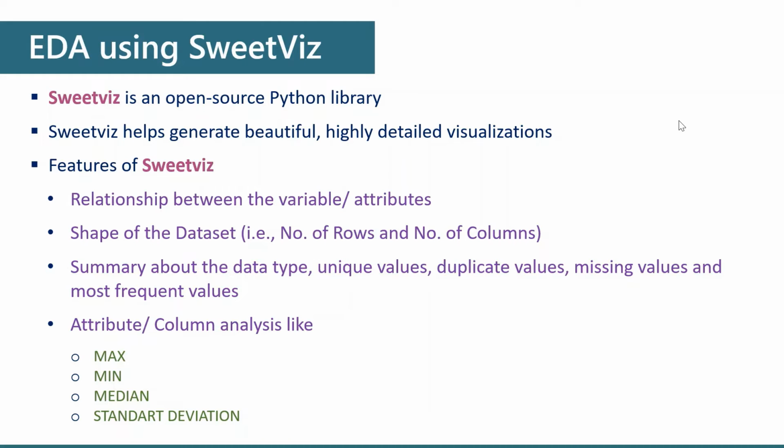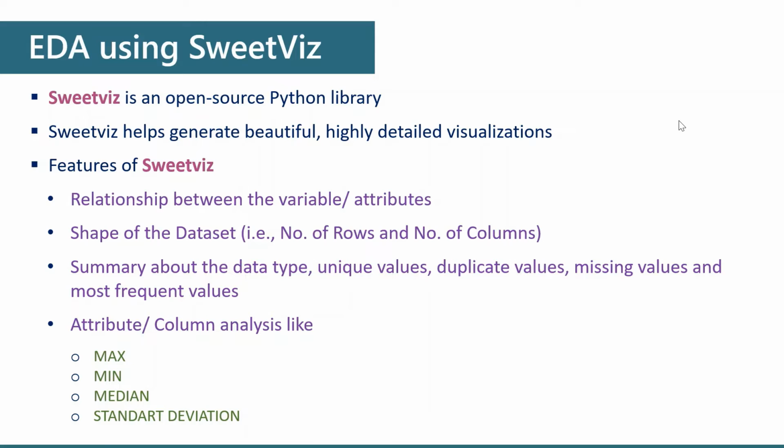SweetViz has the following features: it establishes the relationship between the variables or the attributes, and it provides the shape of the data, which is nothing but the number of rows and number of columns. SweetViz also provides a summary about the data type of the attribute, unique values in the attribute, duplicate values, missing values and most frequent values.